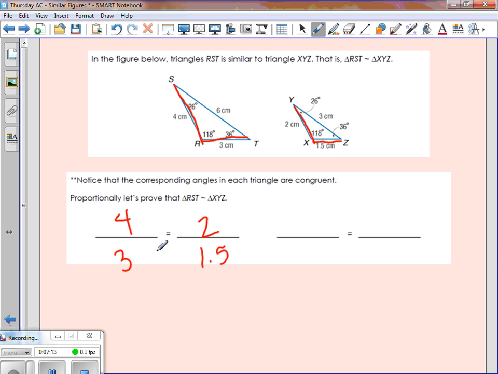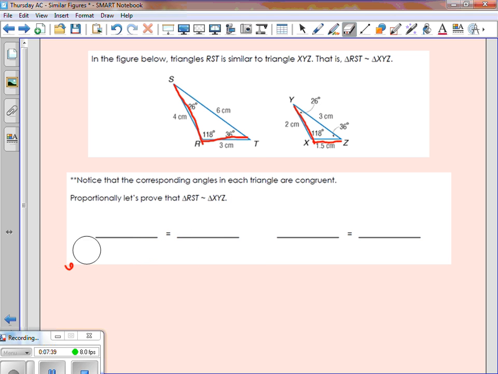Now, one method that we learned to find out if this is proportional is cross-multiplying. So 3 times 2 is 6, and 4 times 1.5, when we figure that out, is 6.0, and that's the same as 6. So yes, these sides are corresponding.